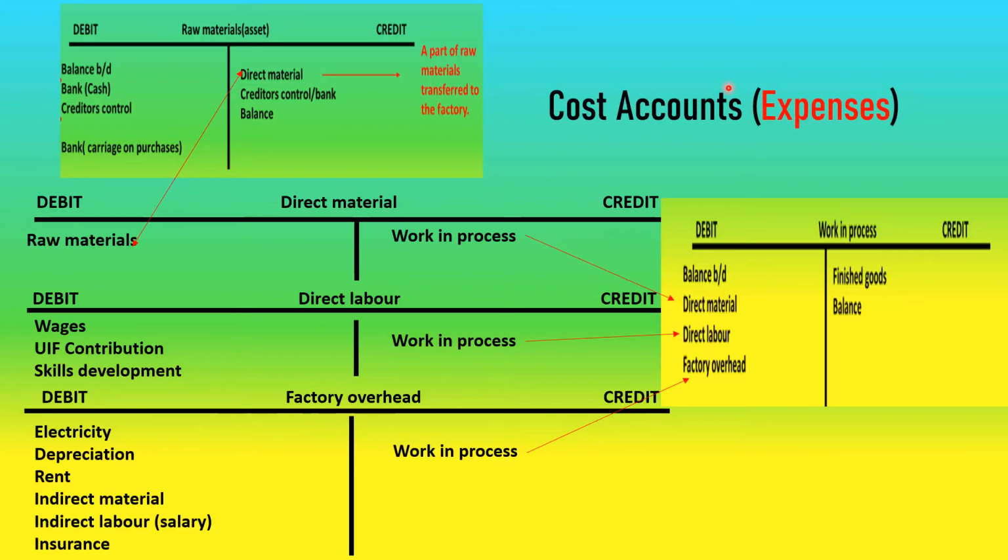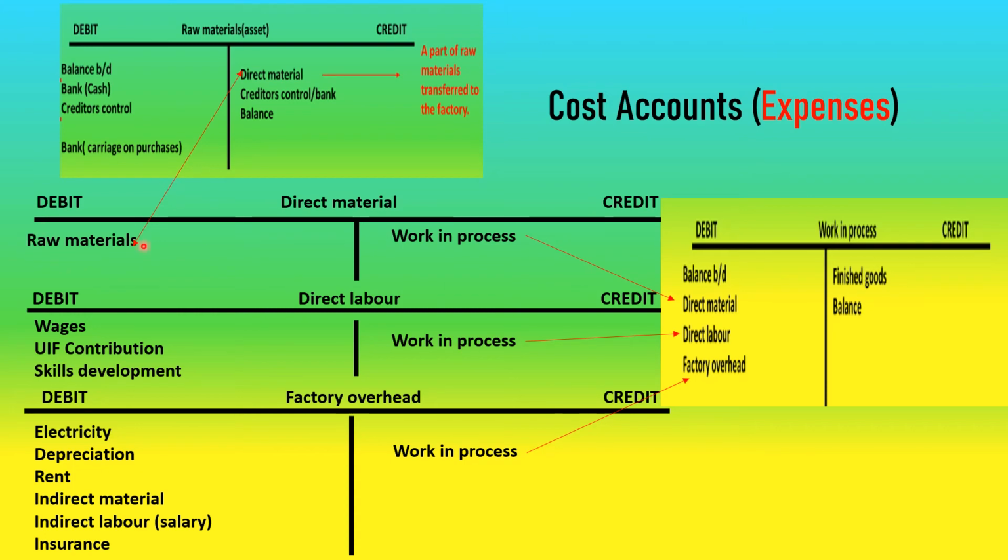So now let's look at our next set of general ledger accounts, which is our cost accounts. These include direct material, direct labor, and factory overhead, and they are the expenses or costs incurred in the factory during the manufacturing process. So we have our first account of direct material, and as you can see on our debit side, we have recorded raw materials.